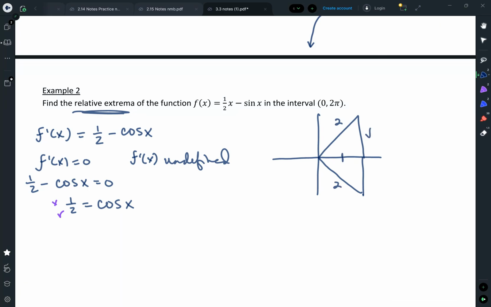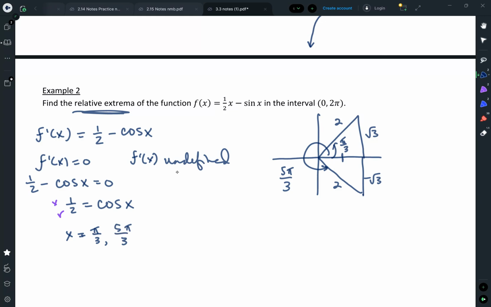And then this is either root 3 or negative root 3. So I've got a couple different options here, right? The first would just be a pi over 3. The second one would be 5 pi over 3. And you might have to slow it down here to do the trig a little bit. I'm just trying to go through this. So x equals pi over 3 and 5 pi over 3.